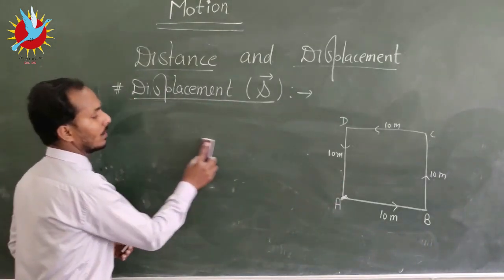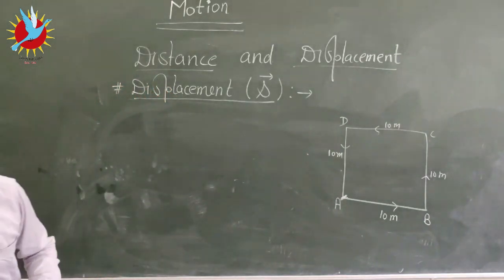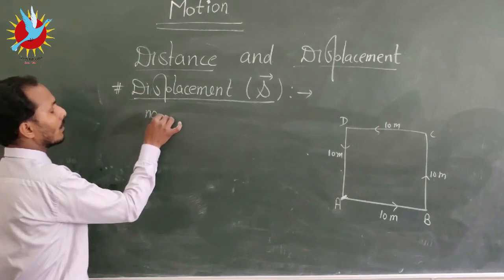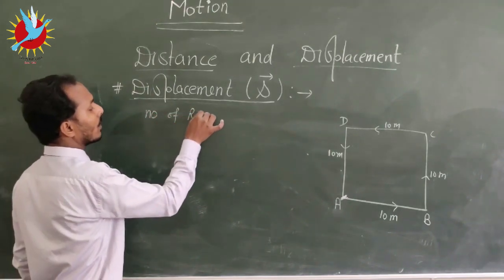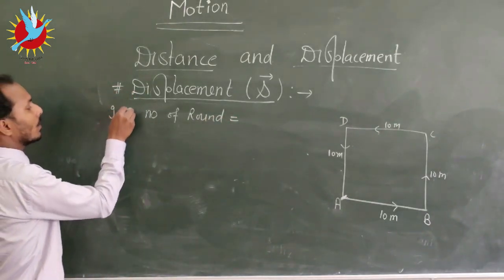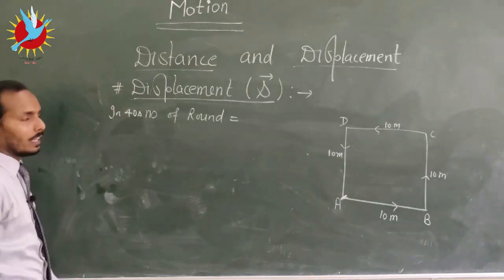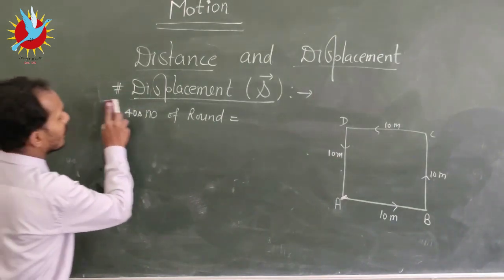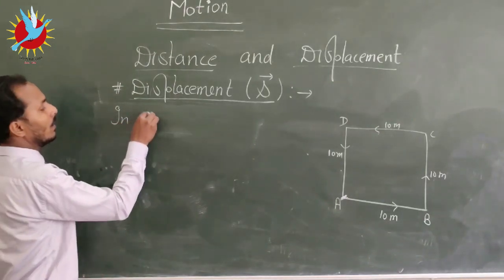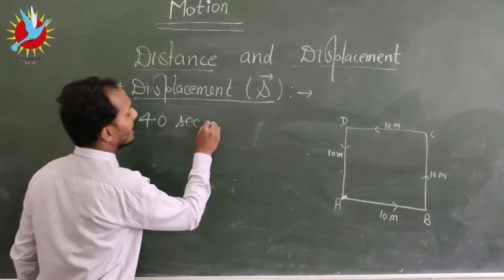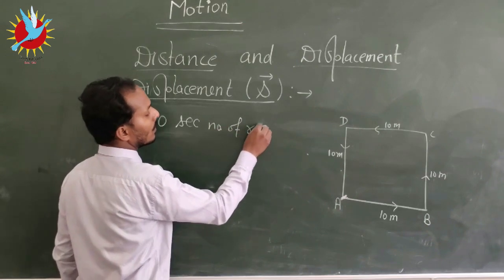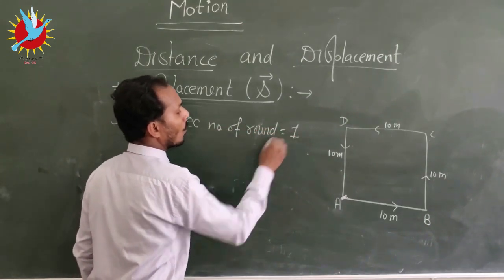First of all, we calculate the number of rounds. In 40 seconds, the number of rounds is 1.